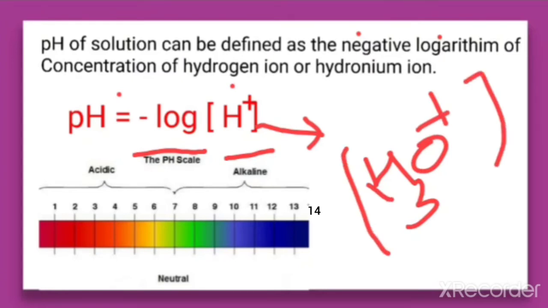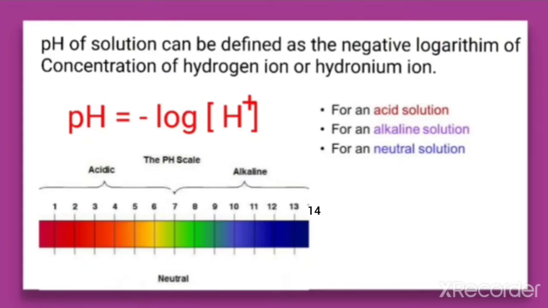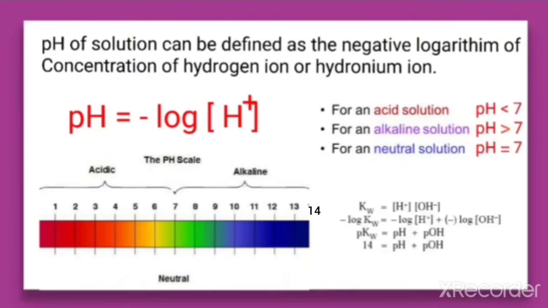So depending upon the pH value, the solution can be acidic, alkaline or neutral. If the pH value is less than 7 then the solution is acidic, if the pH value is greater than 7 then it is alkaline, and if the pH value is equal to 7 then the solution is neutral.